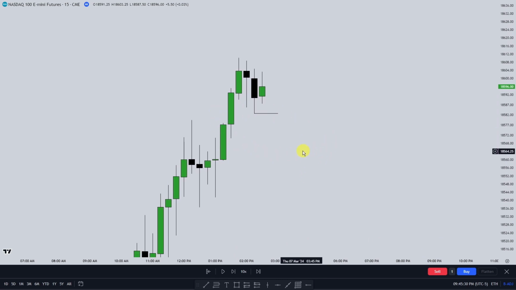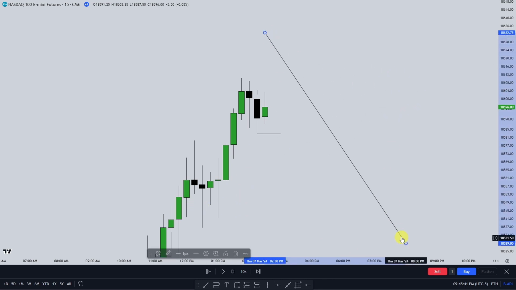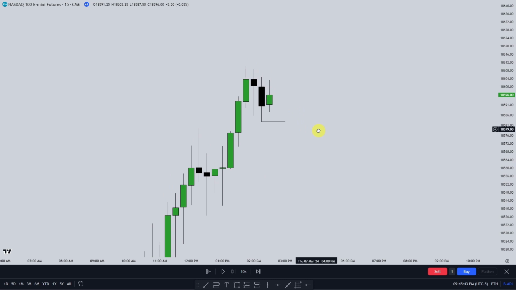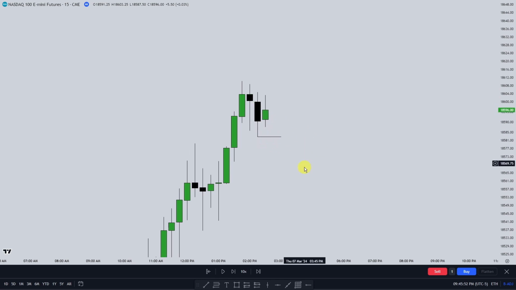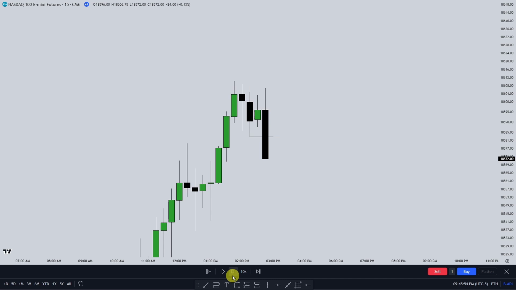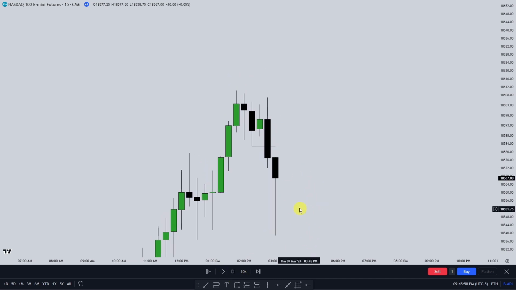All right, and keep in mind, for a market structure shift to happen from a bullish trend to a downtrend, we need displacement below and a closure below this low right here. And as we get, look at that right there.